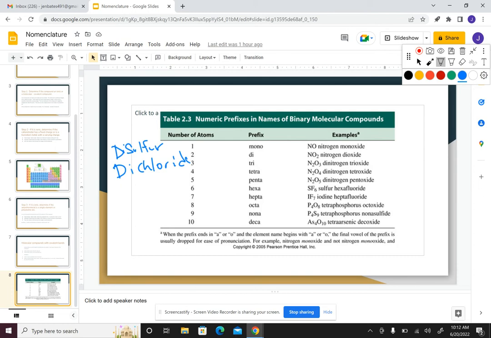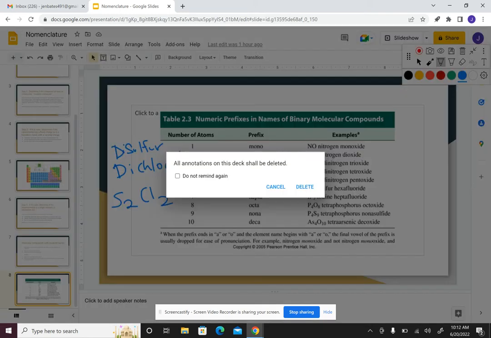That would mean that there were 2 sulfur atoms and 2 chlorine atoms in this formula. So it would be S2Cl2. Okay, let's do one more example.